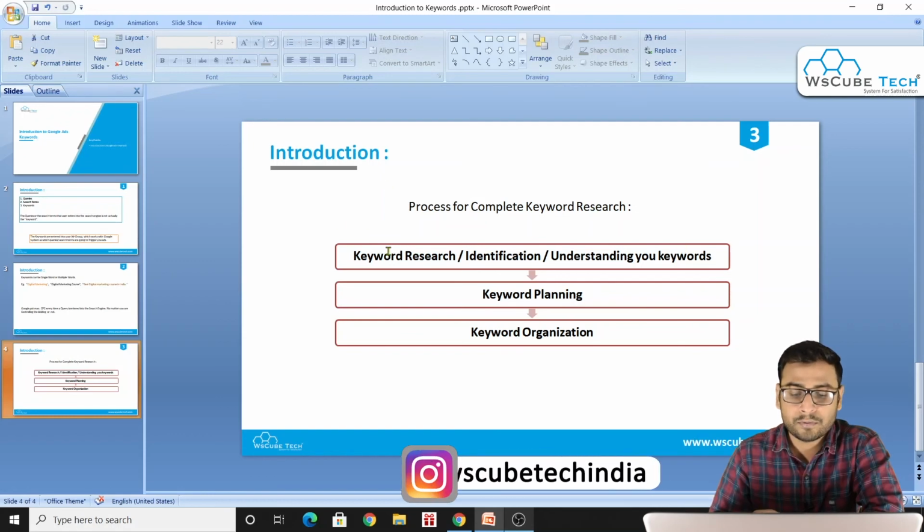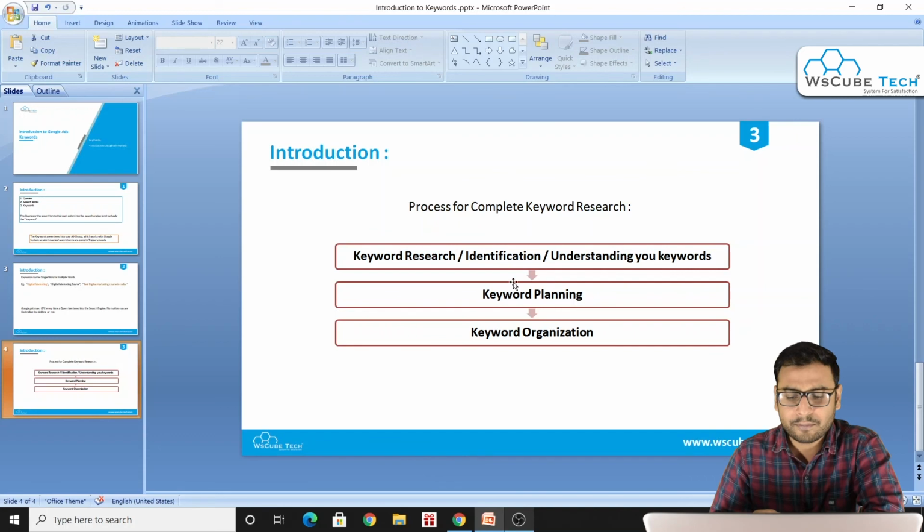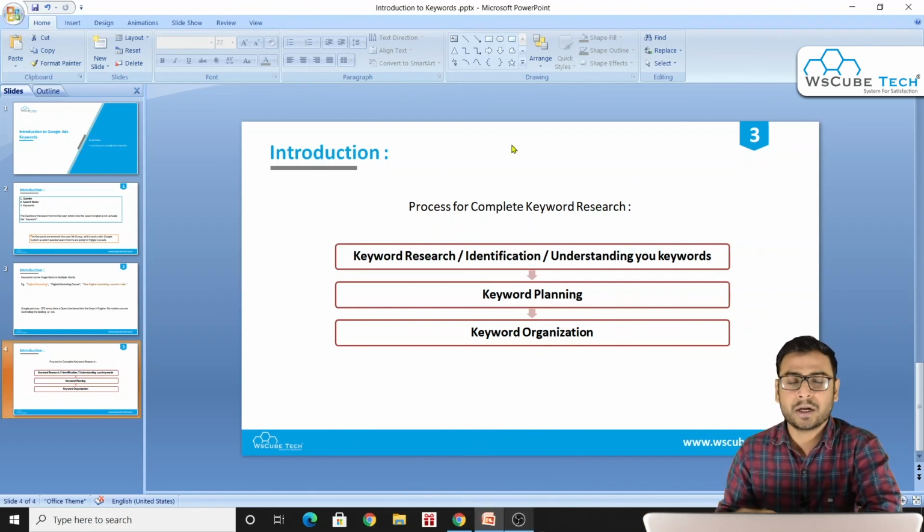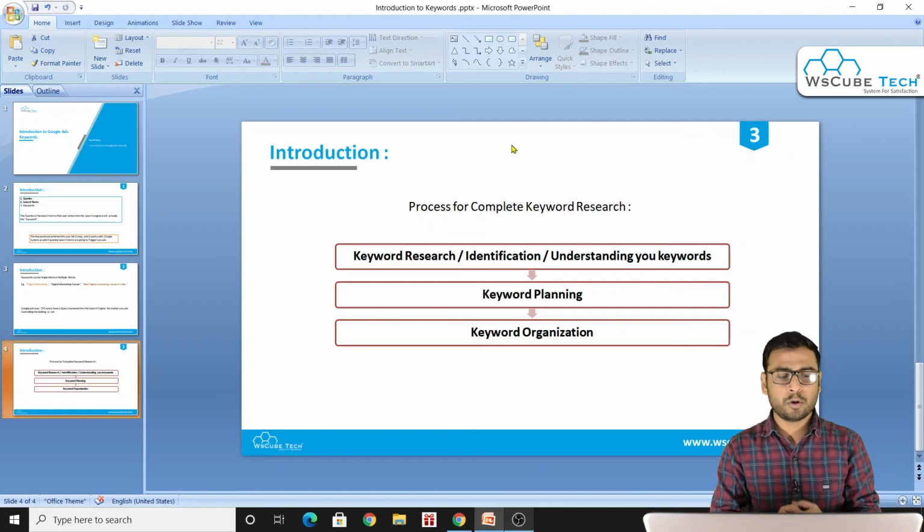Then we have to do keyword planning, which is what keywords we are going to work on, and then organize them. Organizing the keywords means theming them, putting similar keywords into ad groups, and defining that complete structure. Then we will move on to different aspects of campaign creation.